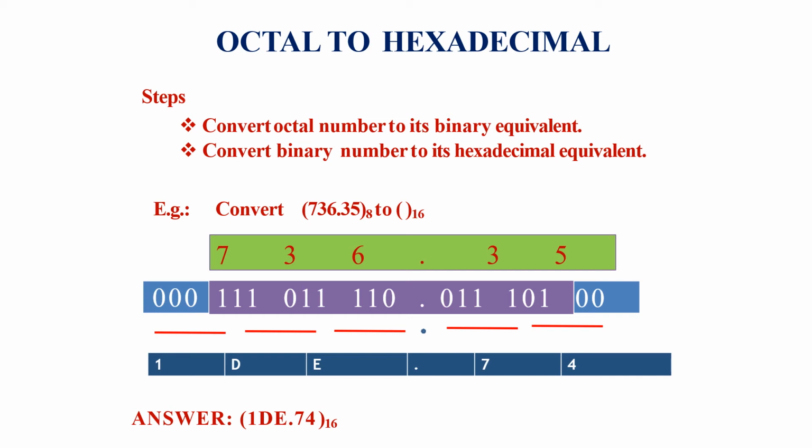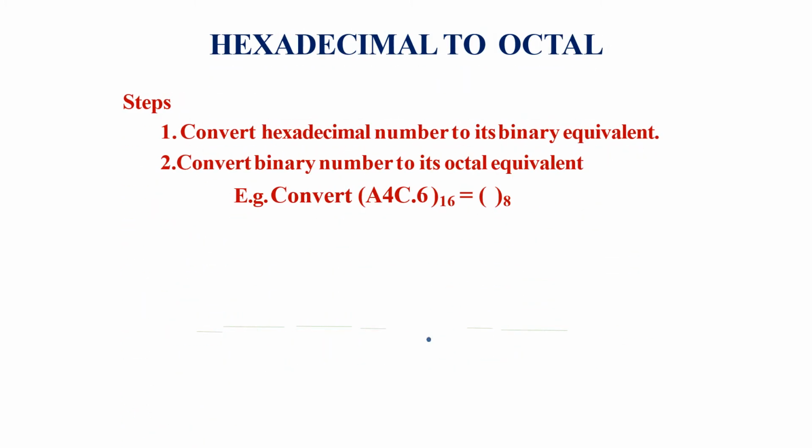So that hexadecimal number is 1DE.74 with base 16. Now we can convert hexadecimal to octal. Here also it consists of 2 steps. For the given hexadecimal number, first it is converted into its equivalent binary, and then that binary number is finally converted into octal.